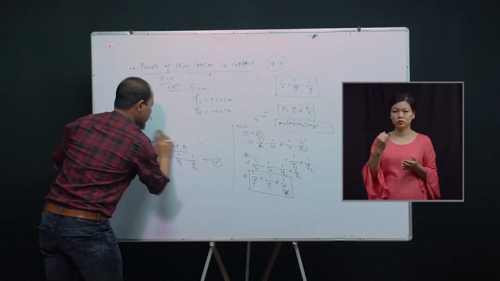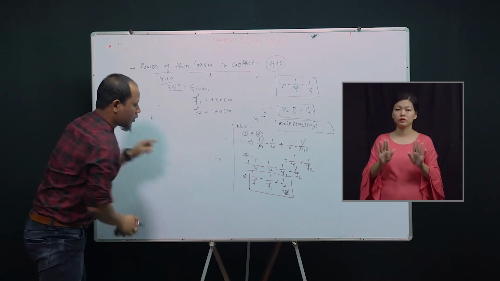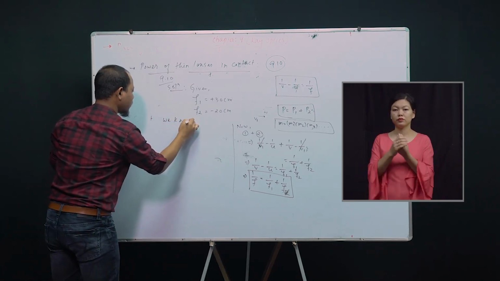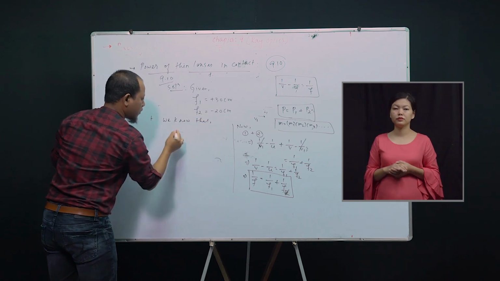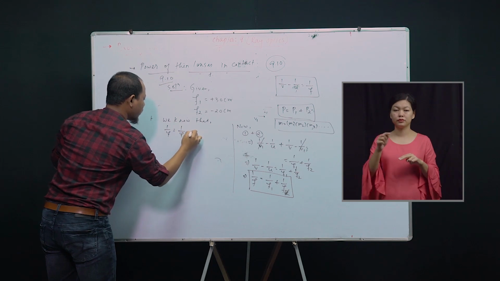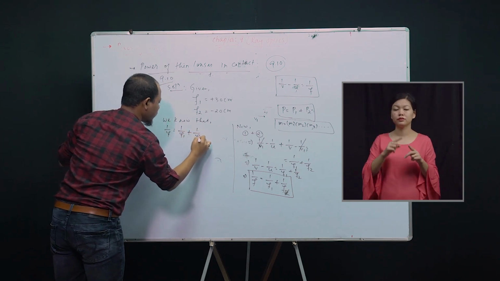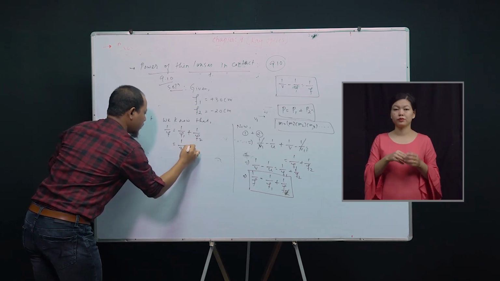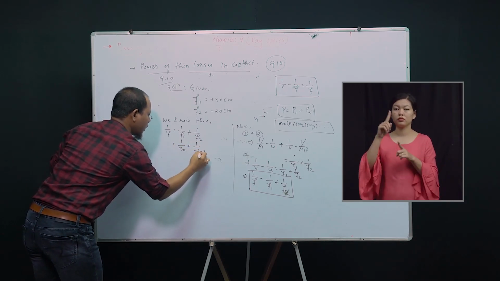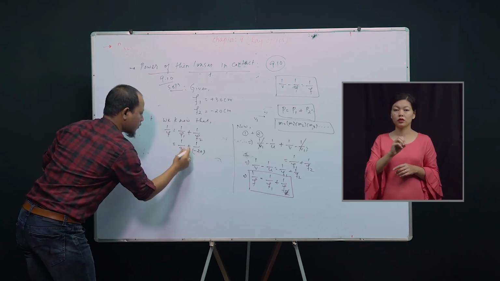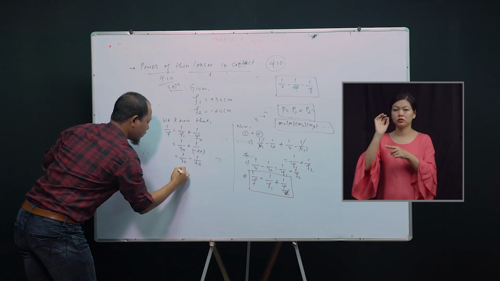We got the formula, so we'll apply it. We know that 1 by f equals 1 by f1 plus 1 by f2. Let's put the values. So this is 1 by 30 plus 1 by minus 20, which becomes 1 by 30 minus 1 by 20.